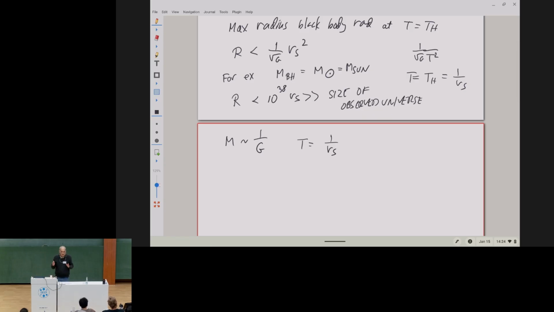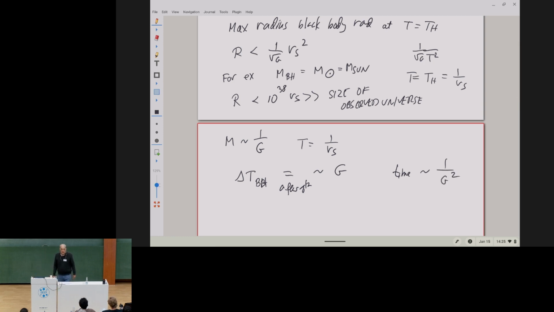So if there's a fluctuation and the black hole emits or absorbs a few too many quanta, its temperature will indeed increase or decrease relative to the surrounding radiation, but the change in the temperature of the black hole by absorbing a few quanta will be of order G. And that will indeed cause an instability, but since the mass was of order 1 over G, a change in the temperature by an amount of order G will only change the black hole mass significantly on a time of order 1 over G squared.